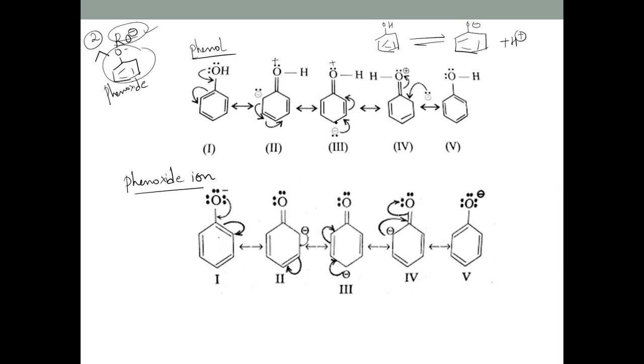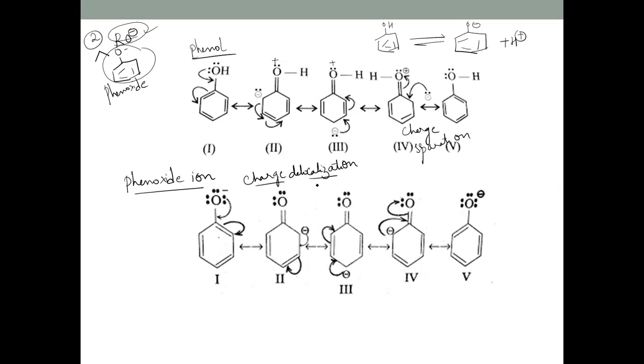And negative charge on the ring. So in all these resonance structures we can see the charge separation. But in phenoxide ion, there is no charge separation, only charge delocalization. The charge is delocalized over the entire ring.